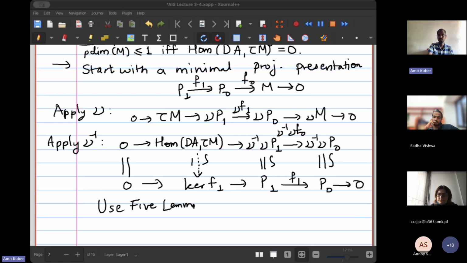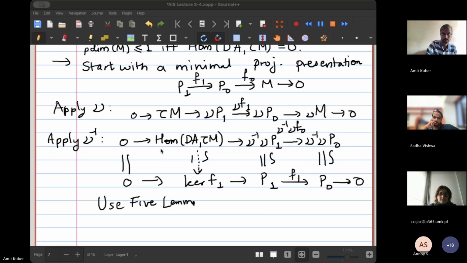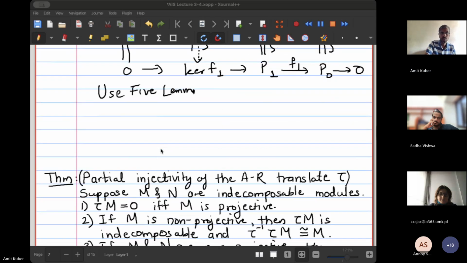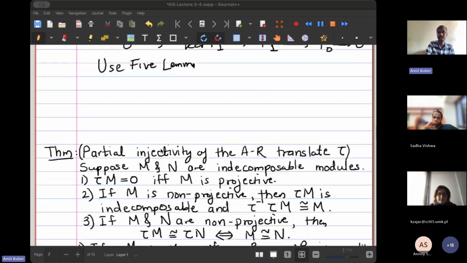Either method works. Okay, so now just observe. If the projective dimension is less than or equal to 1, then the kernel of F1 will be 0. So the kernel of F1 is 0 if and only if Hom_A(D A, tau M) is 0. Simple. Okay. So now the question that Anay asked.